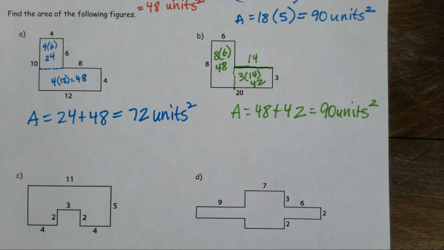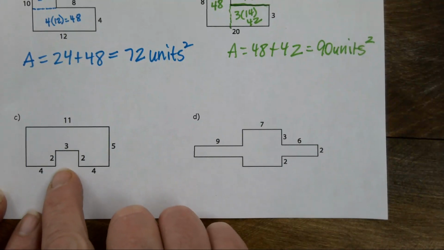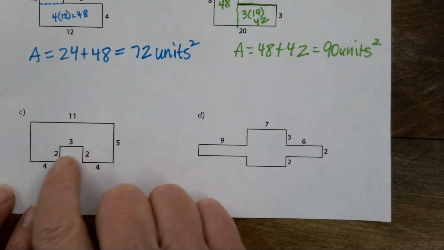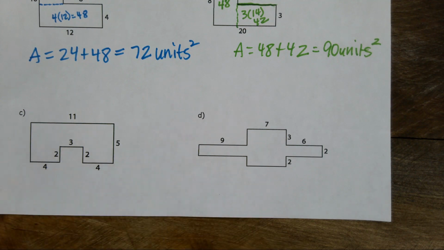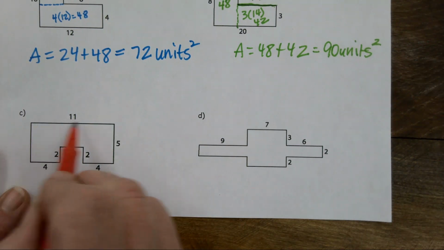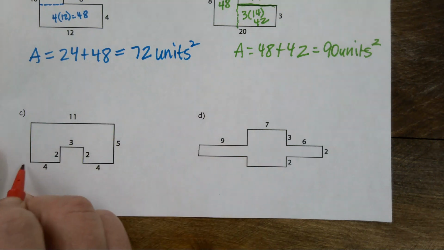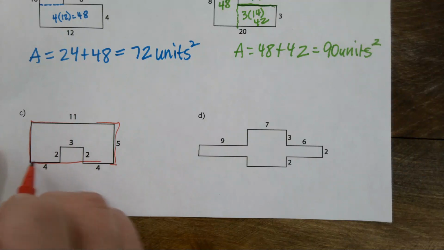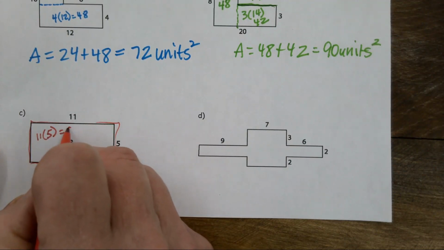Some shapes are going to be even more creative. And sometimes it might be easier to subtract an area from a total than it is to add the pieces together. So like, for example, on C, I could figure out this full area of a full rectangle here. That would be 11 times 5, or 55.